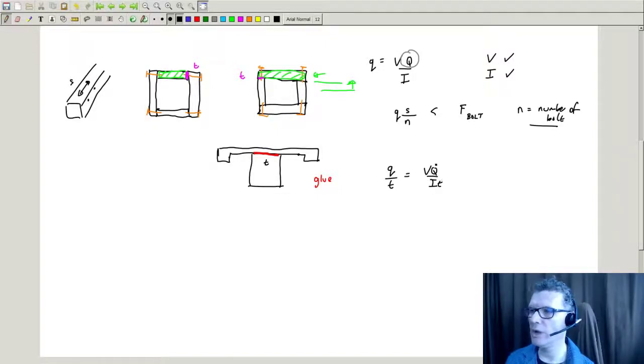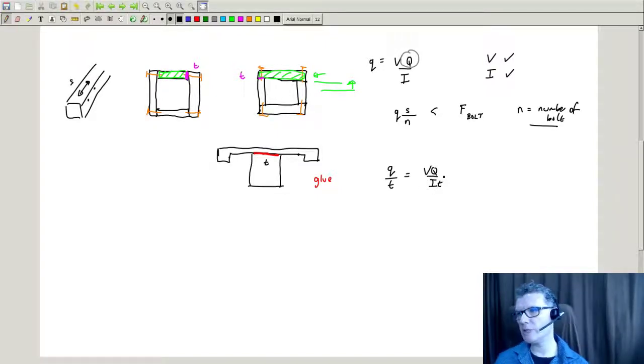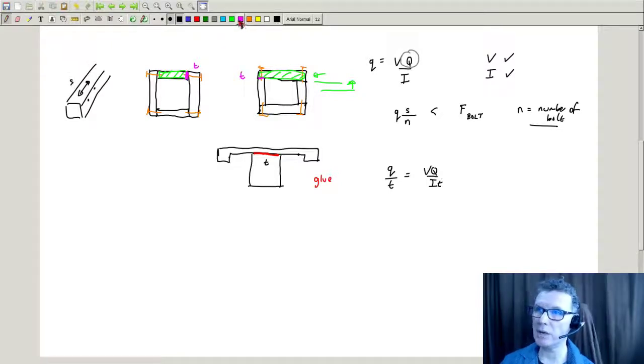QIT. And the second moment of area that I would be looking for would not be what you might think, this upper section. Okay, we imagine that body is all acting as one, so it's actually the entire section.